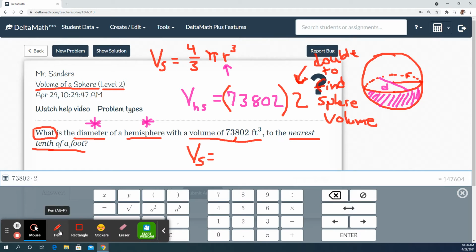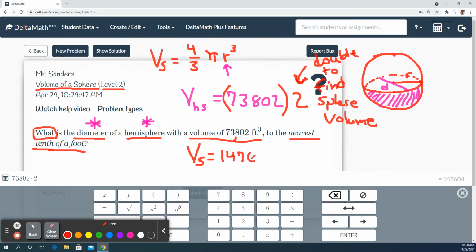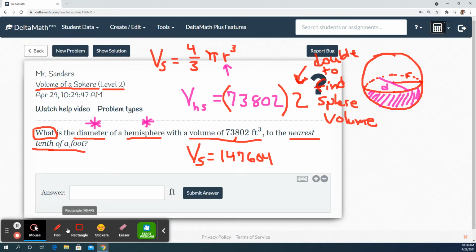And there's our answer there. 147604. 147604. Good. All right. Let's go ahead and get rid of my calculator now. So this is the volume of a sphere, and I need to find the radius first, and then I can find diameter. So all of this is equal to the formula for the volume of a sphere.